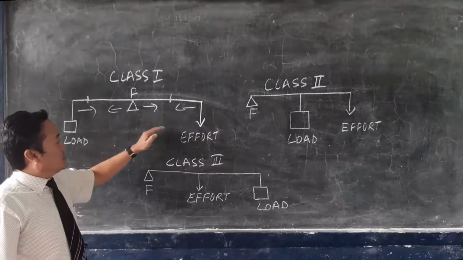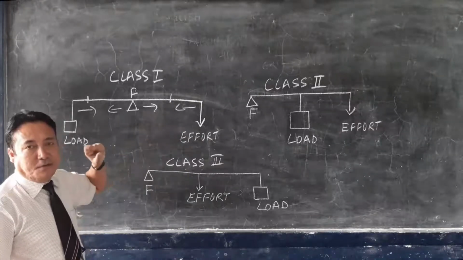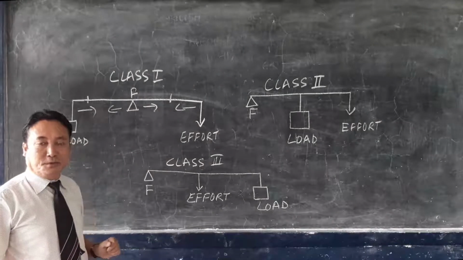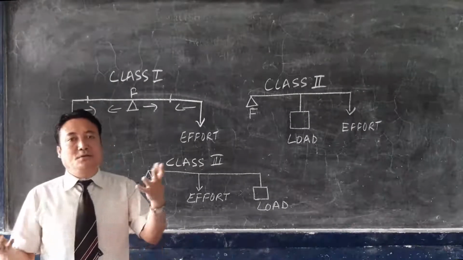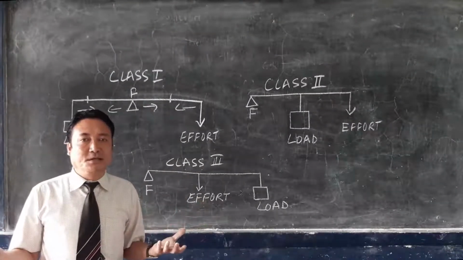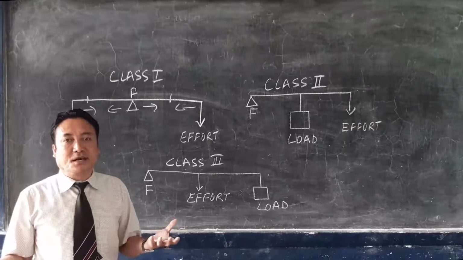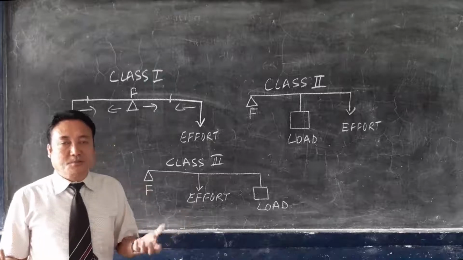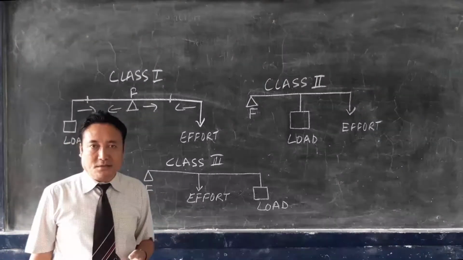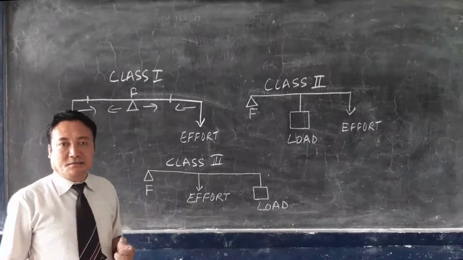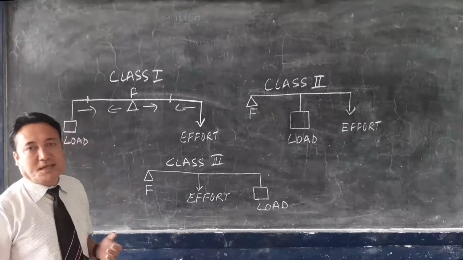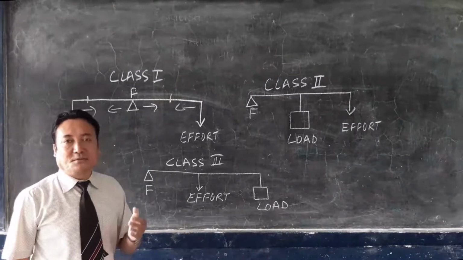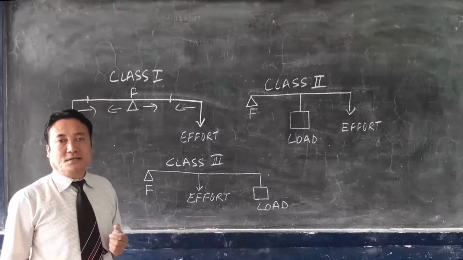So in class 1 lever, an example I will give you is a beam balance. You know the beam balance. One side will keep a weight, the other side will keep the load. These are used by the grocer or the shopkeeper to weigh the commodities. So beam balance is an example of class 1 lever, as well as a pair of scissors and a crowbar.